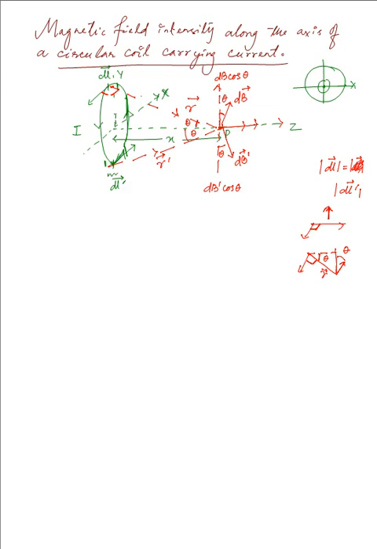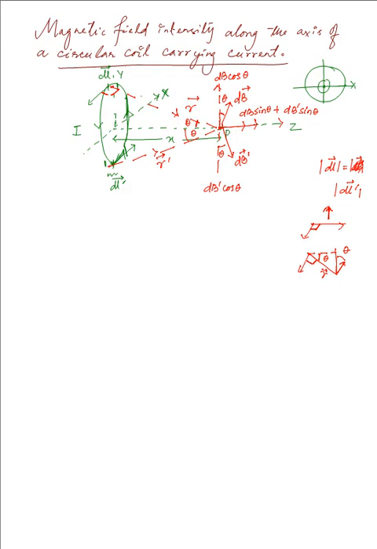So dB sine component acts along the same direction as dB prime sine component, that is sine of the angle theta, and both of them will add up because they are along the same direction. They would be responsible to give the resultant magnetic field in that case, while the cosine components cancel out.